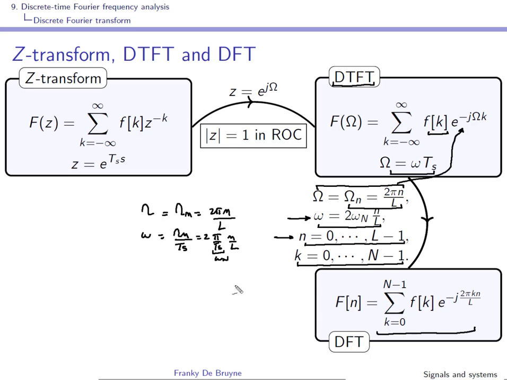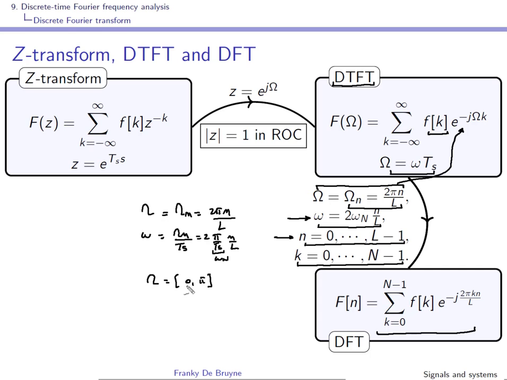Well, what can we say? Usually we consider omega in the interval 0 to pi. Why? Because the magnitude spectrum is even and the phase spectrum is odd, so it makes no sense to consider it in the interval minus pi to pi.